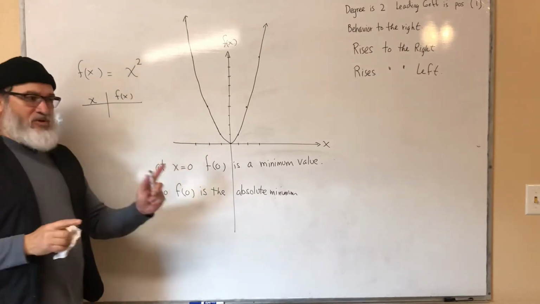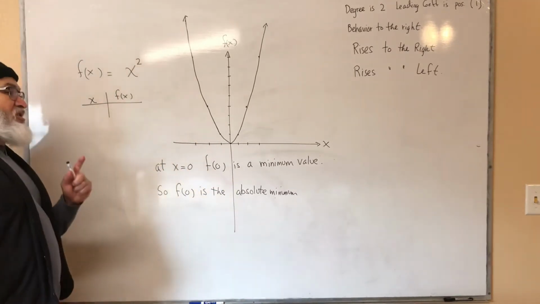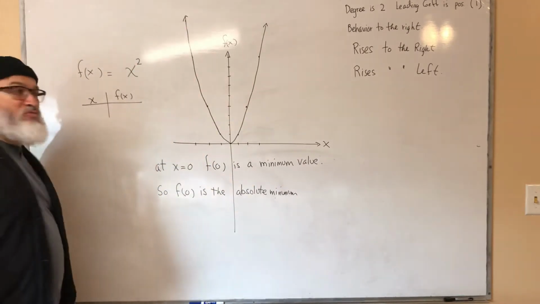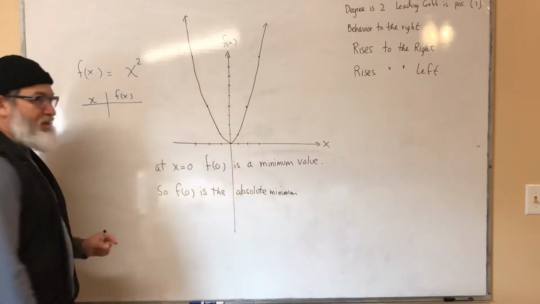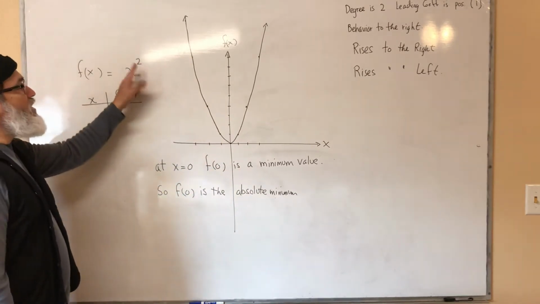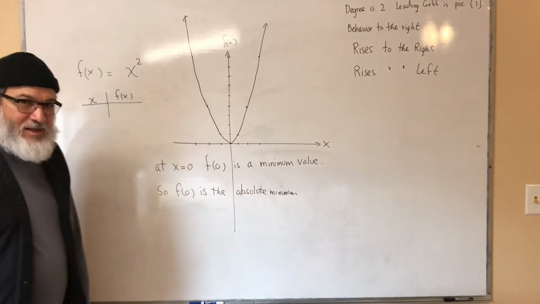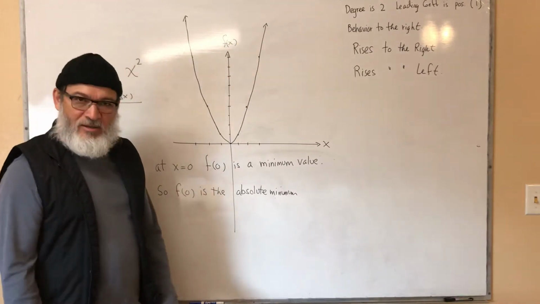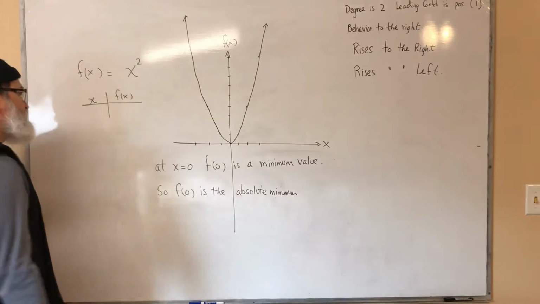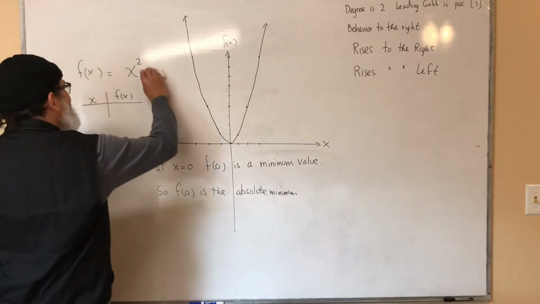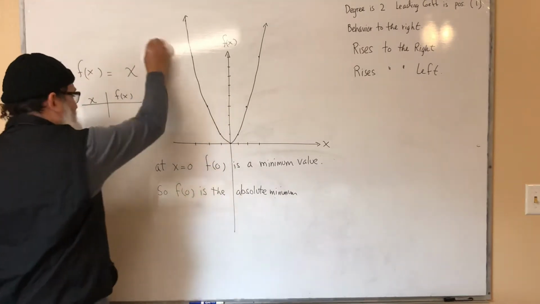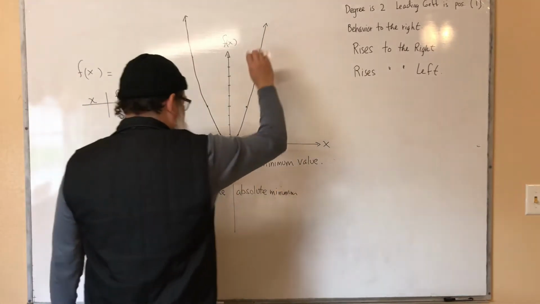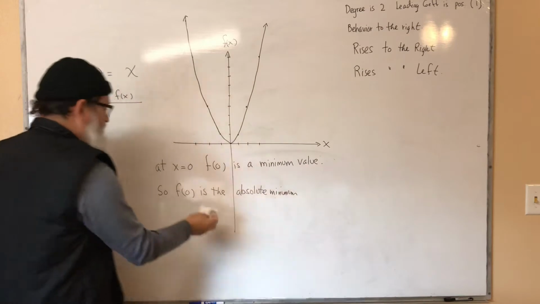And I'm going to show you that the function, again, is going to rise to the right, and it's also going to rise to the left. I'm going to keep this degree even. And it's going to have the same behavior. Okay? Let's keep it even. I'm going to erase this. Well, maybe not. I'm going to show you something, okay?